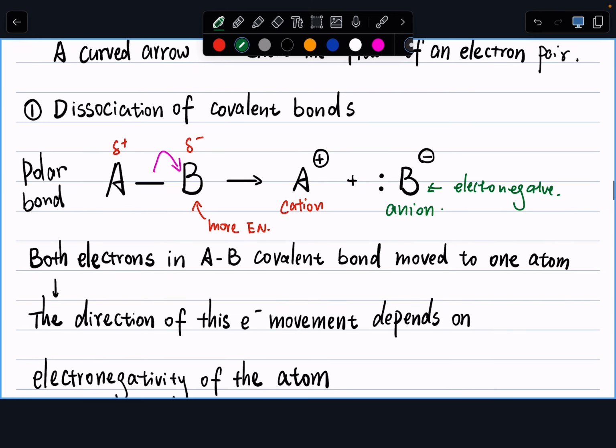In this case, both electrons in the covalent bond of your AB molecule move onto one atom. The arrow shows the direction of the electron movement, and that direction depends on the electronegativity of the atom.